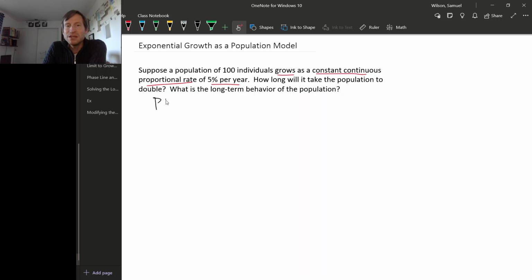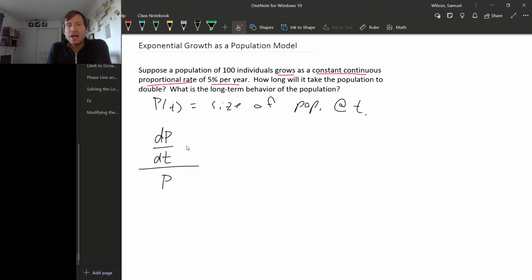If we call P of t the size of the population at time t, then a proportional rate is the rate of change of the population, which is dP/dt, divided by the size of the population. And if it's growing at a constant 5% per year, then this ratio has to be equal to 0.05. And so you can see this is a differential equation.